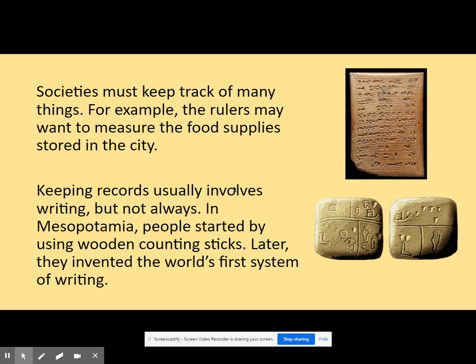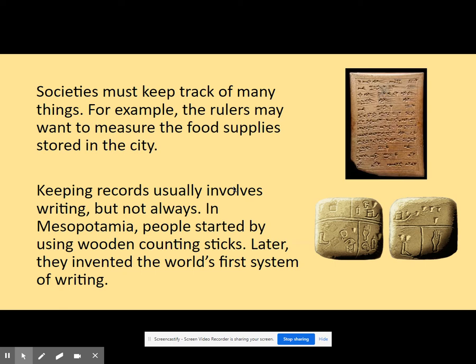Keeping records does not always involve writing. It usually does, but it's not 100% certain that it's true. But especially in the beginning, without written writing systems, there were no ways to have written records. So, for example, in Mesopotamia, people were keeping records by using wooden counting sticks or stones and different things to keep track of where things were.